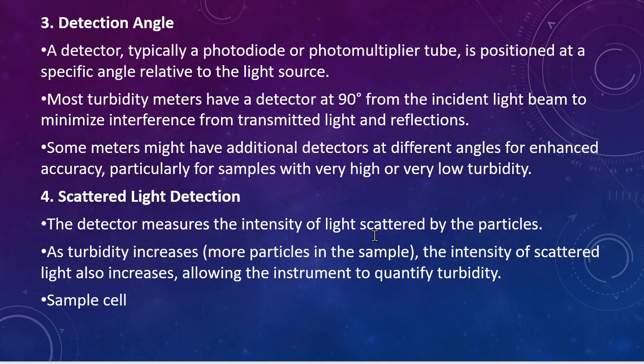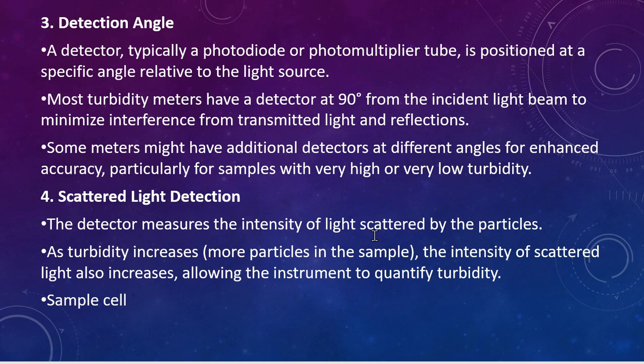We have a lens which is used to concentrate the light on the sample. After passing through the sample, we have a detector, typically a photodiode or photomultiplier tube, positioned at a specific angle relative to the light source.